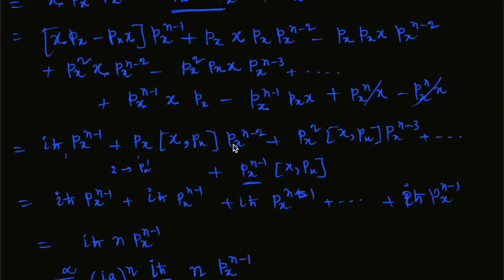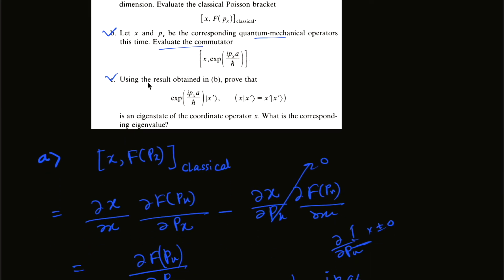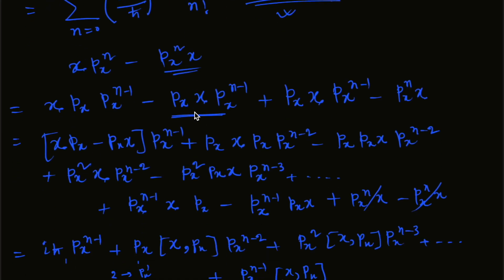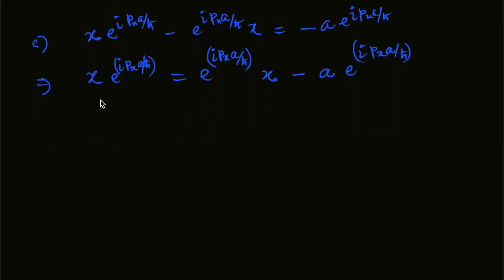Now in question C it is asked to prove that the exponential e^(i px a/ħ) acting on |x> is an eigenstate of the coordinate operator x. So let us check that. Here it is asked whether e^(i px a/ħ)|x> is also an eigenstate of the x operator.